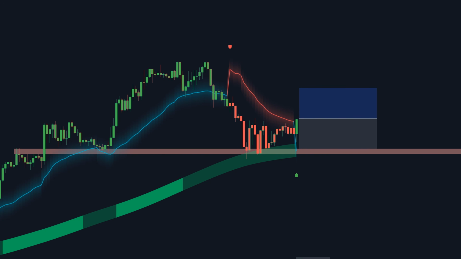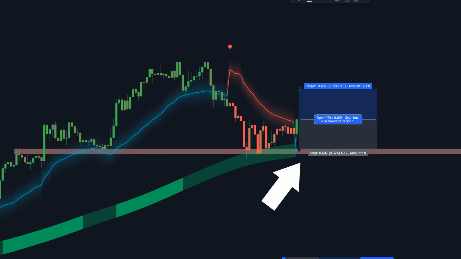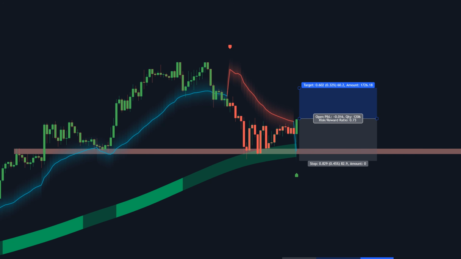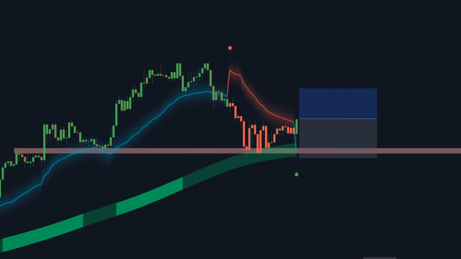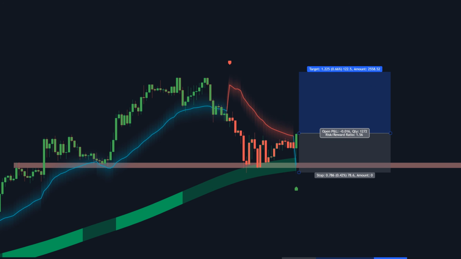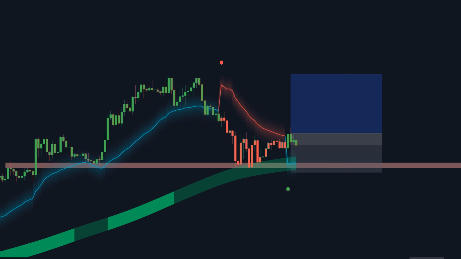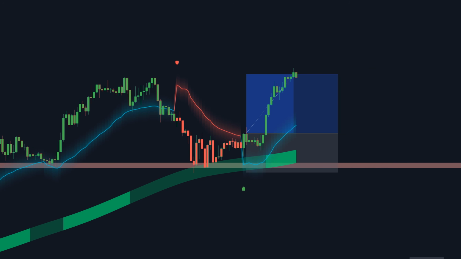Well, you could place your stop loss right below the support level, or you could place it right below this blue ribbon of the RMI Trend Sniper. For extra safety, I recommend placing it just below the support level. And as you can see right here, this trade was profitable with a risk-reward ratio of 1 to 1.5.